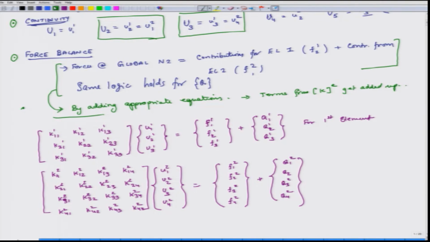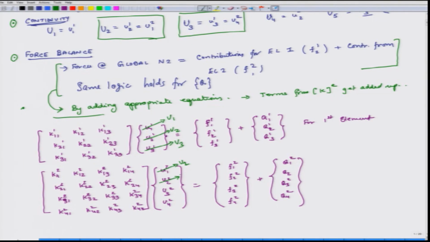The first thing we do when we are doing assembly is we replace these local degrees of freedom with global degrees of freedom. So, this becomes U1, U2, U3. This becomes U2. What does this become?